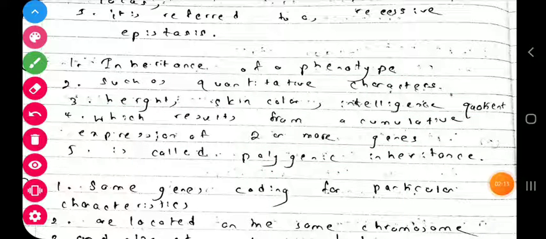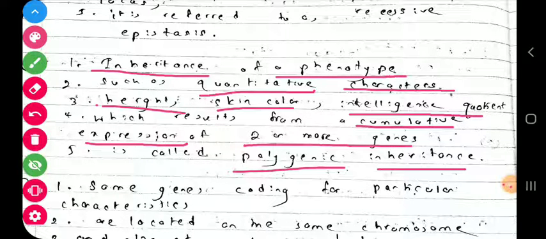So inheritance, once again, of a phenotype, such as quantitative characters. Examples: height, skin color, intelligence quotient, which results from a cumulative expression of two or more genes, is called polygenic inheritance.